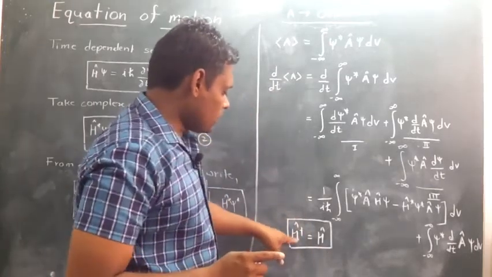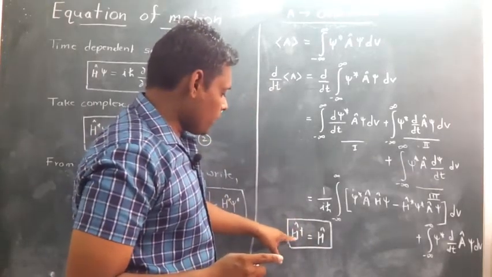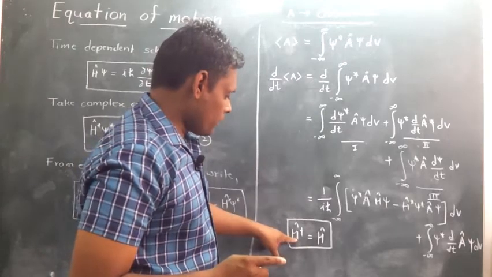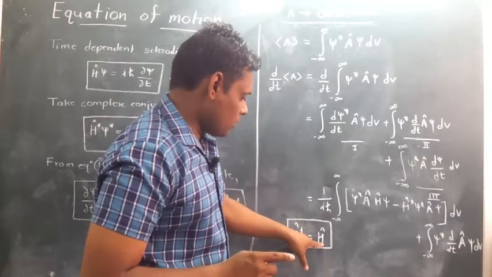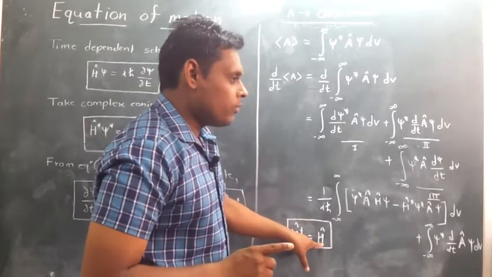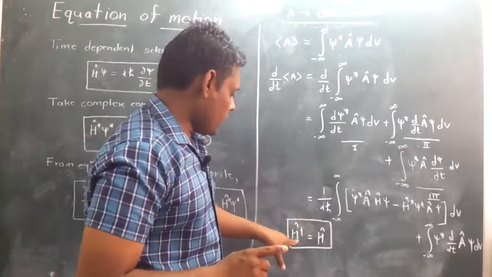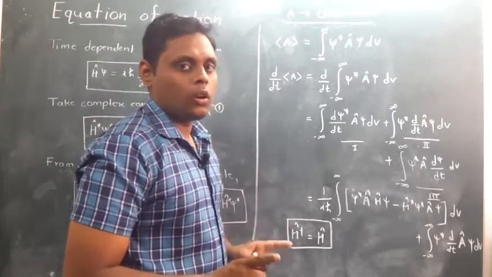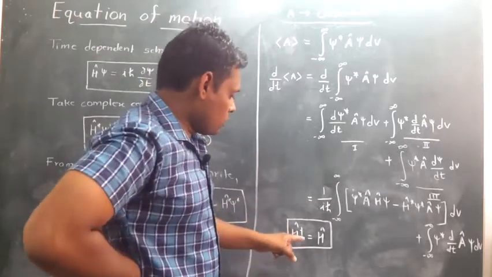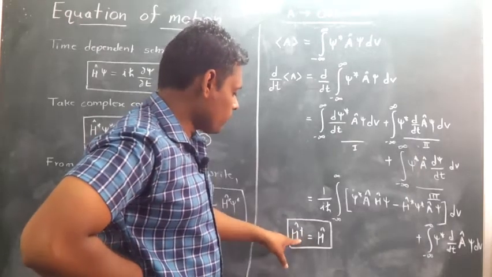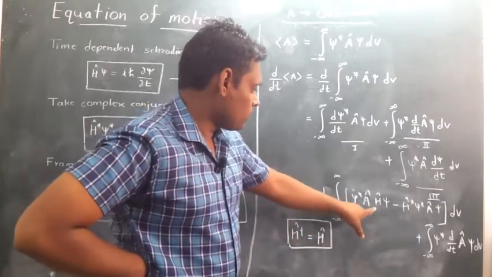If we take the dagger of any operator and it returns the original operator H cap, then we can say that the operator H cap is a Hermitian operator.